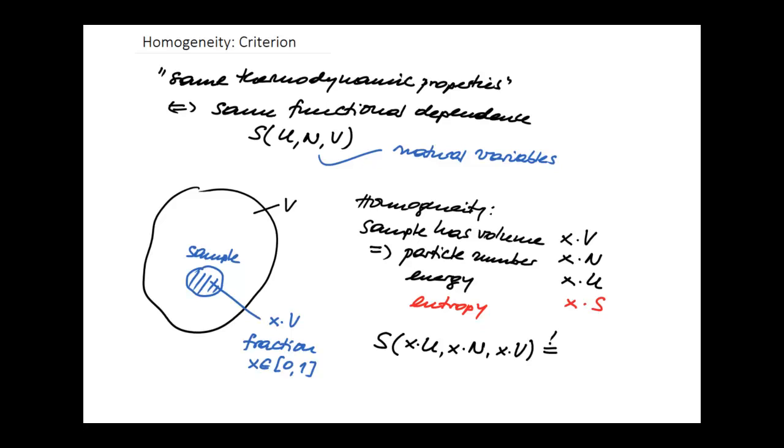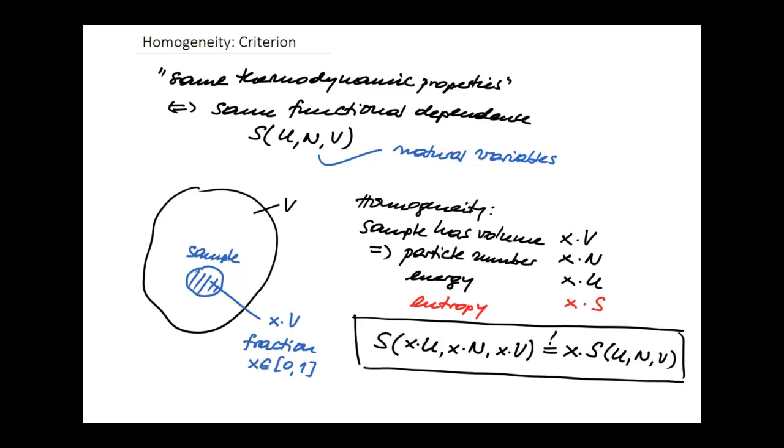And this must be equal to, that's what we required, that the entropy of the sample is also a fraction x of the entropy of the entire system. So this must be x times the entropy of the entire system, which is a function of the energy, particle number, and volume of the entire system.